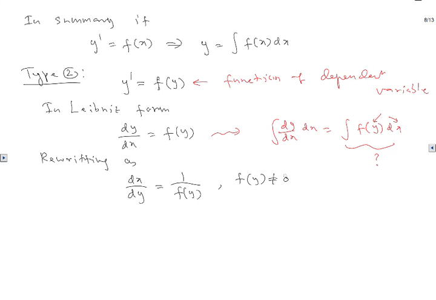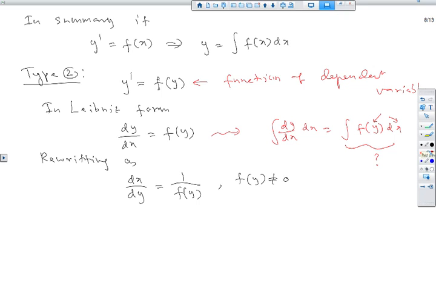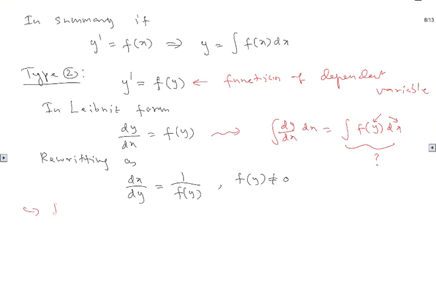Once you make it upside down and change the variables from x to y, just treat y as the independent variable.